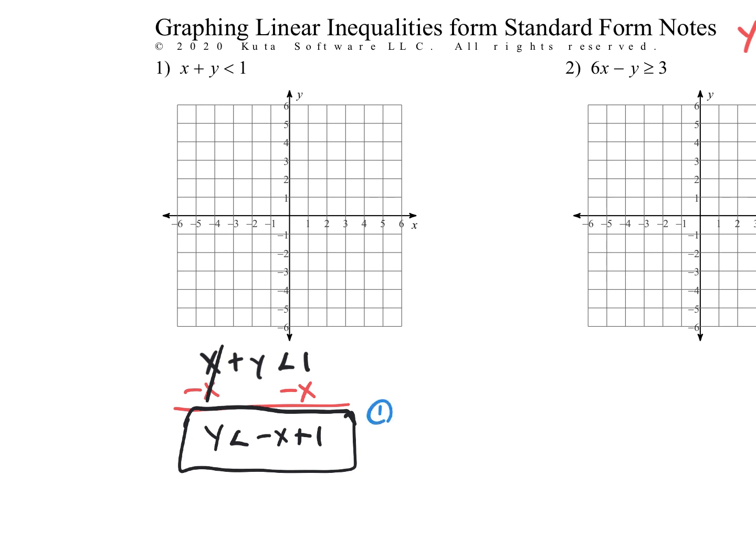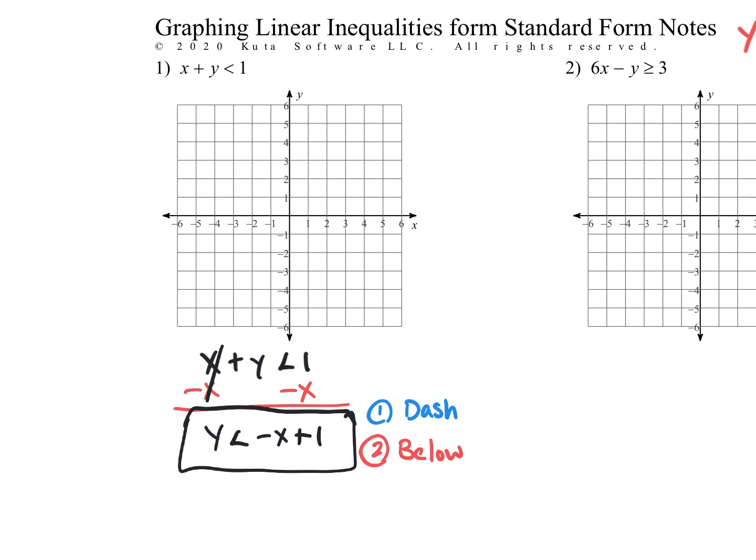Will we have a dashed line or a solid line? Dashed. It'll be dashed. There's no line underneath your inequality. Are you going to shade above or below? Below. That is correct.